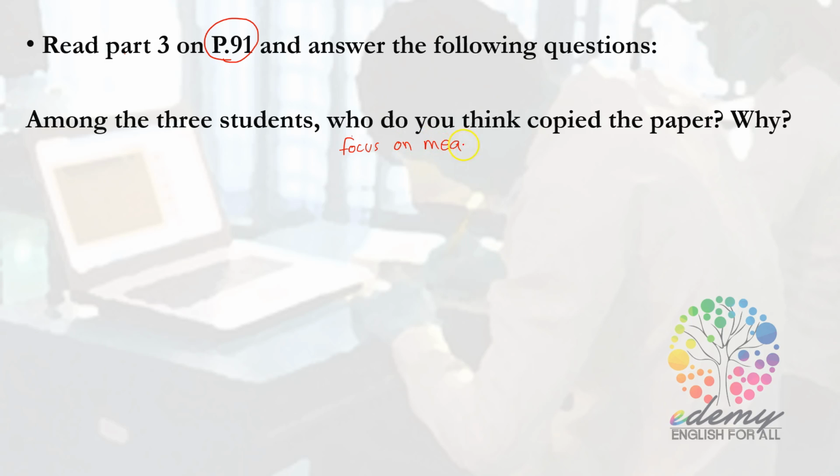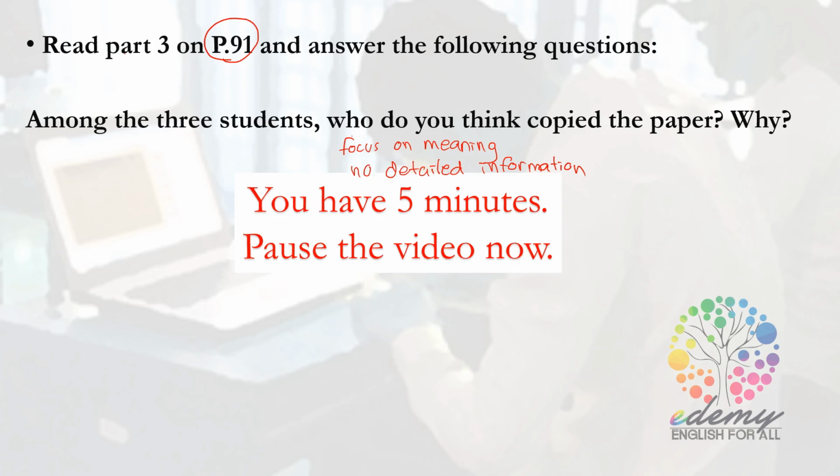You focus on meaning and you ignore the detailed information. So, no detailed information. You just want to get a full understanding of what the reading is about in order to find the answer to this question. So, you just read for your understanding and answer this question. You have 5 minutes to do this. Please pause the video on your own.